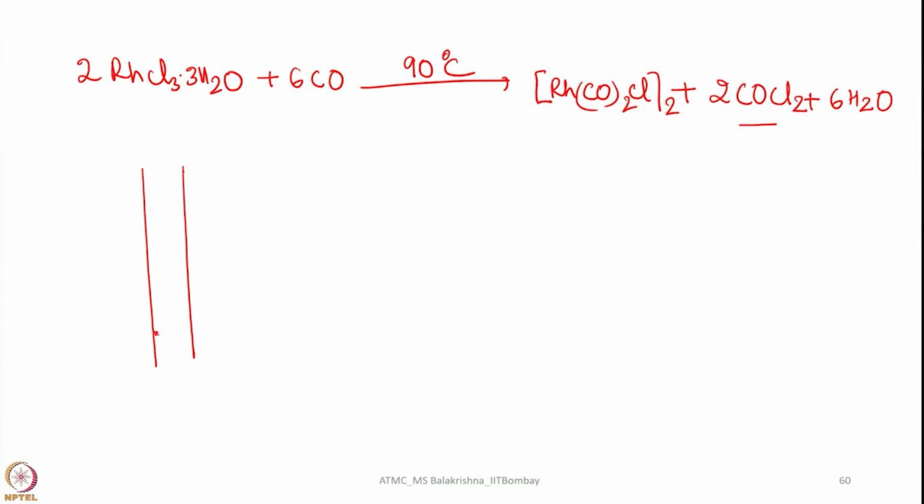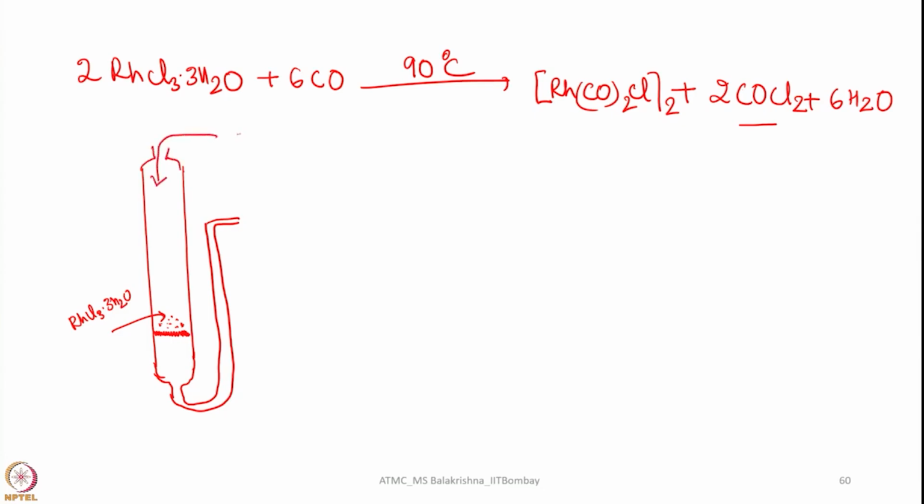Have a frit here, and then you should have a side tube like this and put here CO should be bubbled.